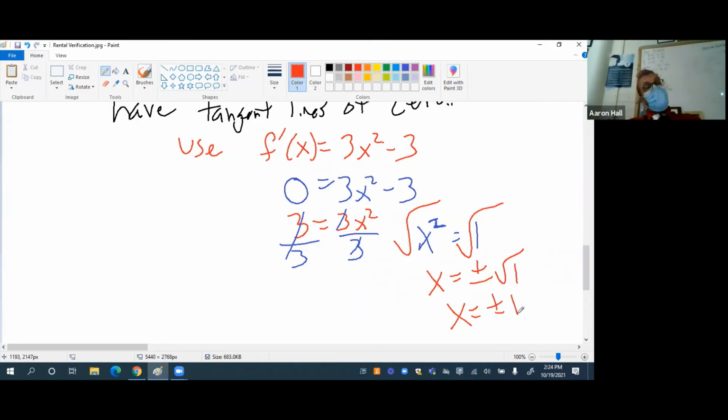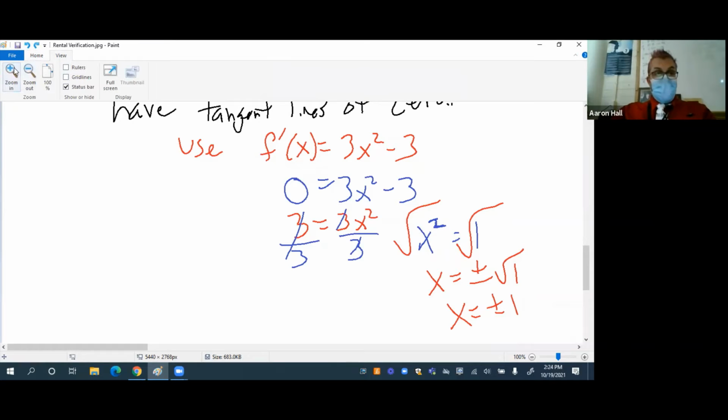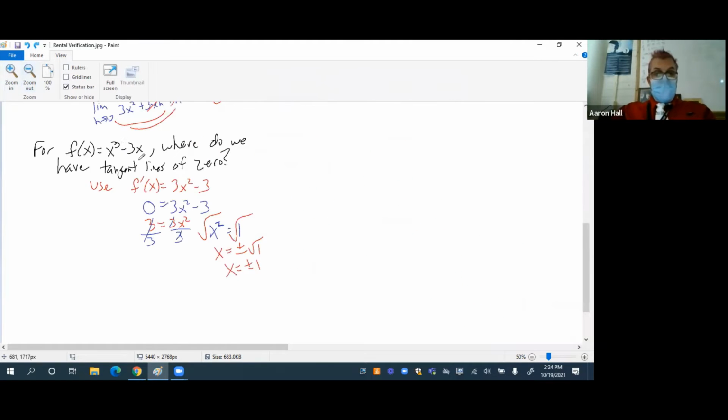So I have 2 horizontal tangents. Specifically, one of the ways that you find a maximum and a minimum is by finding those horizontal tangents, when your derivative equals 0. So let's graph this and see how we did. I'm going to go to Desmos.